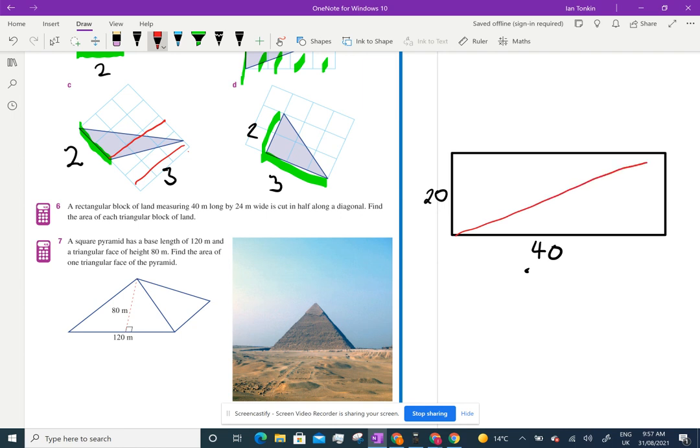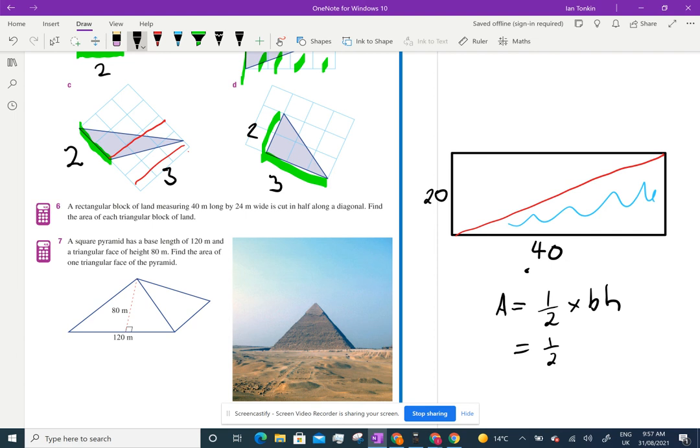So find the area of this bit here. Well, it's a half the rectangle, which is a parallelogram. So area is a half times base times height.